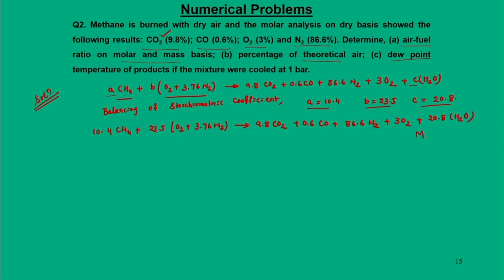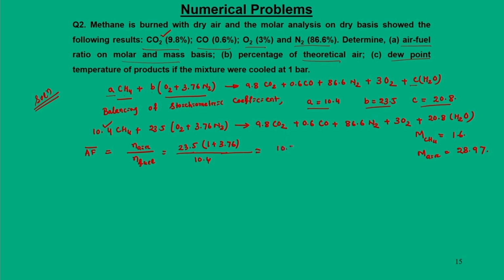Now, we have M of CH4, that is methane, 16, and M air 28.97. Then we can calculate the air fuel ratio. AF bar is the number of moles of air by number of moles of fuel, and fuel we can say is 10.4, which is here. Air is 23.5 into 1 plus 3.76.